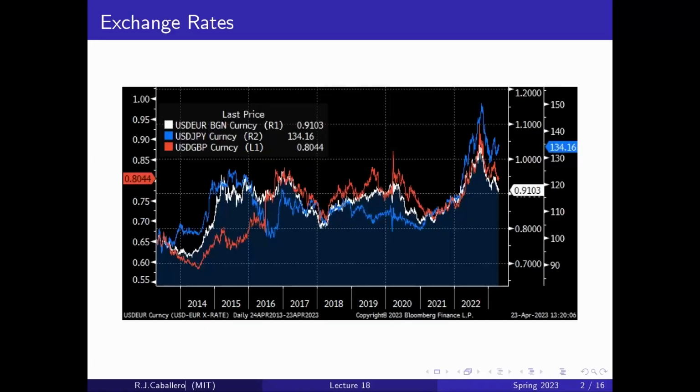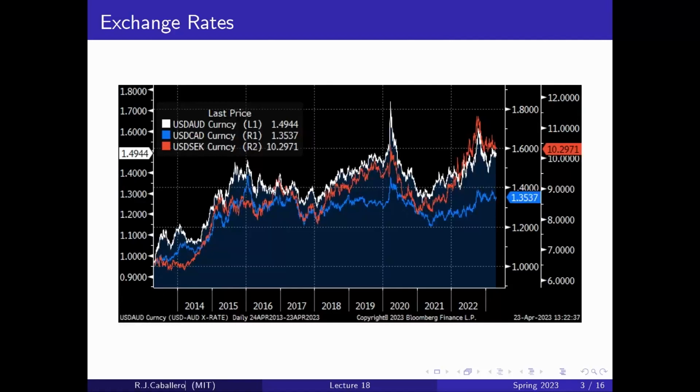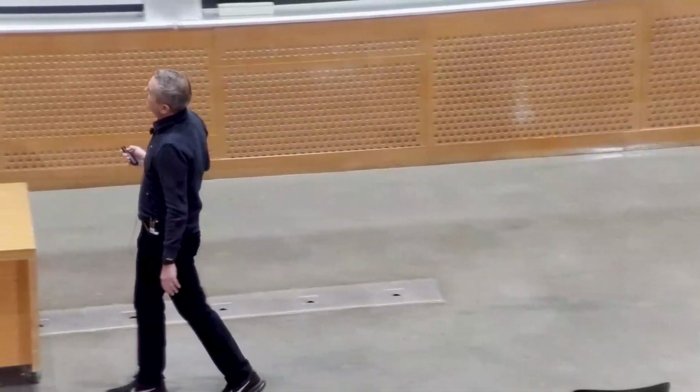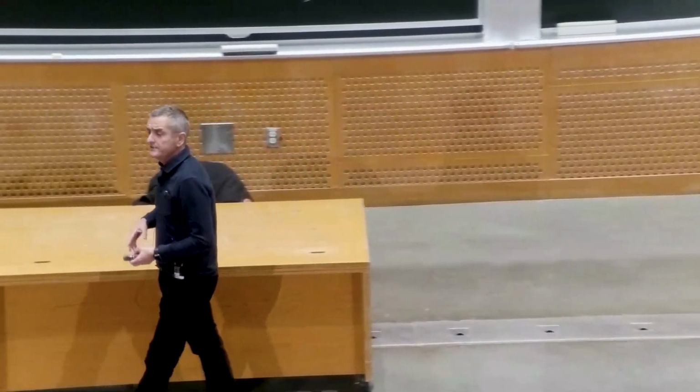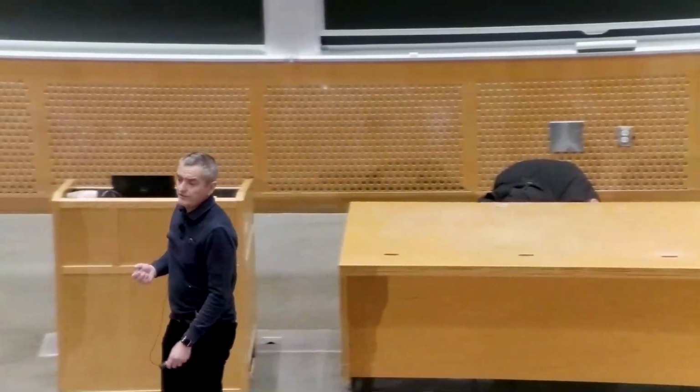And the other one is the US dollar versus the British pound. That's also a pure float. These are also pure float. This is the US versus the Aussie dollar, and against the Canadian dollar, and against the Swedish krona. Those are pretty floating regimes. They are a little different from the previous ones I showed you, because these are currencies that are much more prone to sell off during risk-off environments.